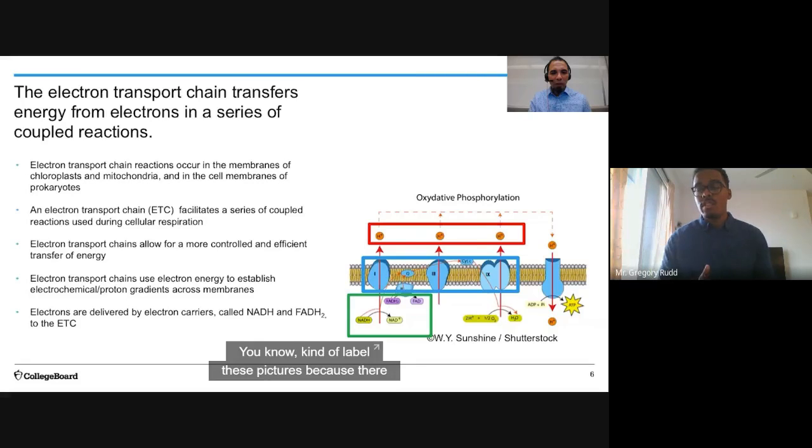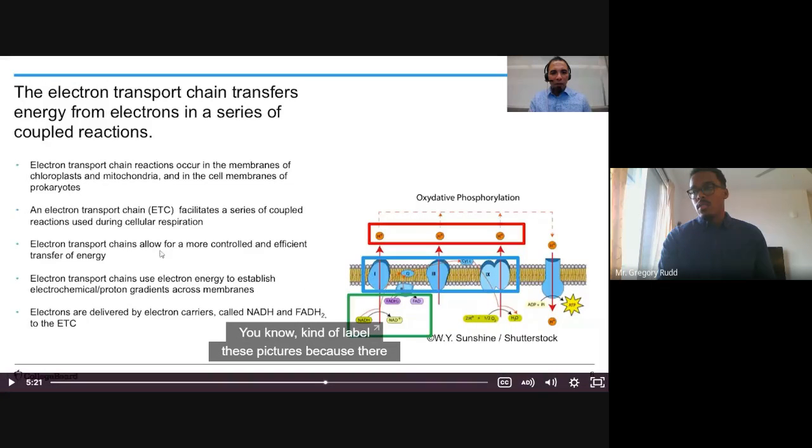It's being used to do some type of work, to move something from one place to the next. So electron transport chains, which are taking place in membranes, use electron energy to establish electrochemical proton gradients.